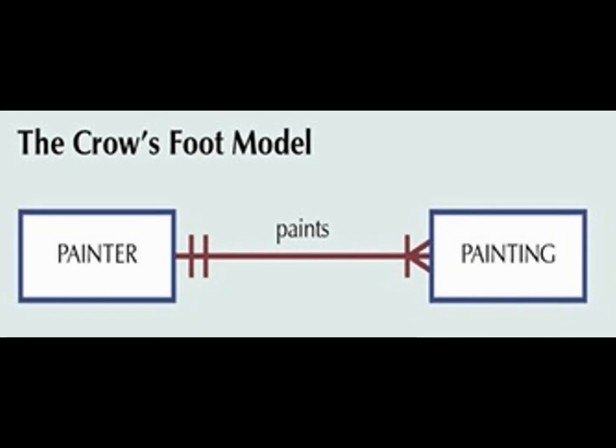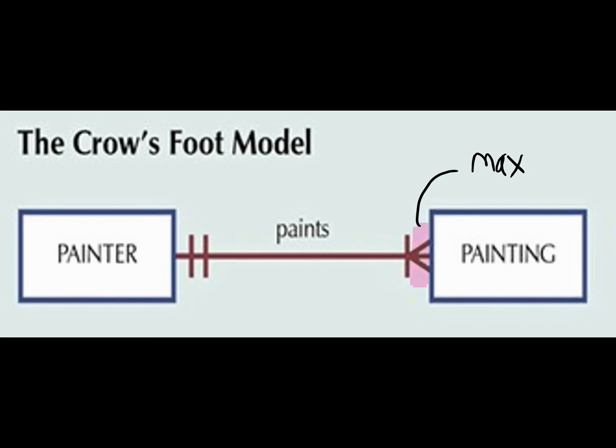One last word about the crow's foot model. You actually see two sets of lines here. The lines closest to the entity type indicate the maximum. So this says that a painting can have a maximum of one painter.